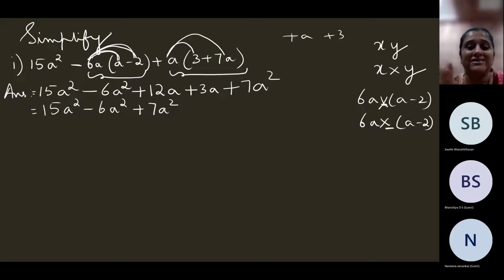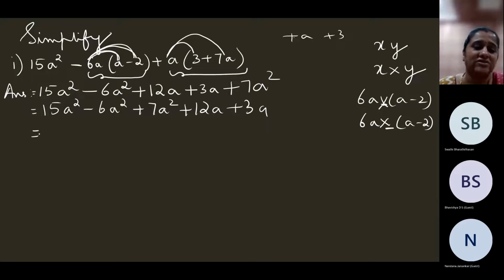But here there is only one side. So you're just rearranging the terms. Don't change the signs. 15a square minus 6a square plus 7a square. Don't write minus 7a square. You're not transposing. It's not an equation. Then you have plus 12a plus 3a. So there are 3 a square terms and 2 a terms.